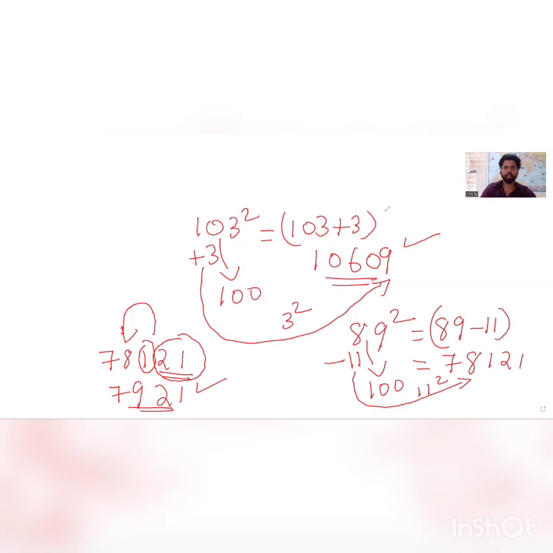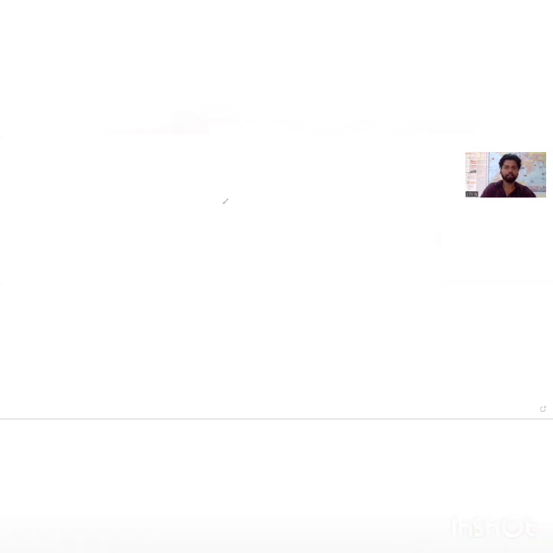Okay, so similarly we can find 112 square. In the same way, take 100 as base. 112 is greater than 100 by 12. So our first step is write the number itself, that is 112. Since this number is greater than 100, we need to use addition.